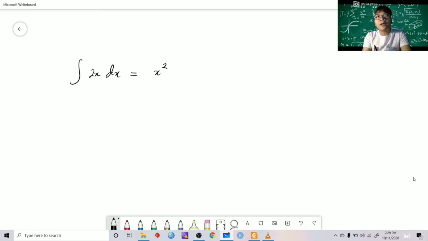After we write the antiderivative of the function, we need to have this term, plus c. Whenever you get the antiderivative of a function, you have to put plus c at the end of the antiderivative.